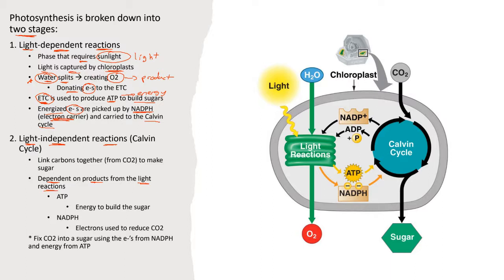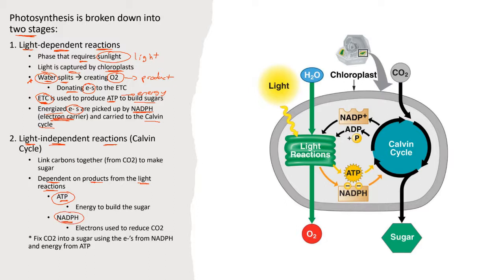Okay, so even though these light independent reactions don't require the light per se, they do indirectly, because without light we cannot make the products that go into the light independent reactions. Okay, so for example, ATP, that we said is produced in the light dependent reactions. Well, we need it in the light independent reactions.